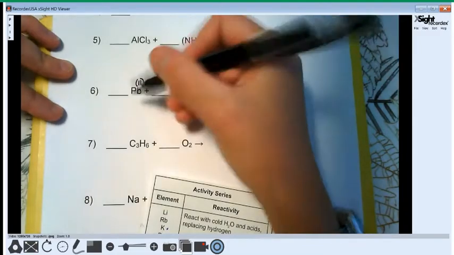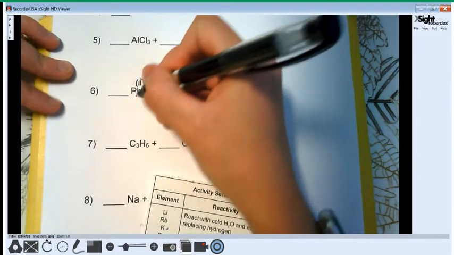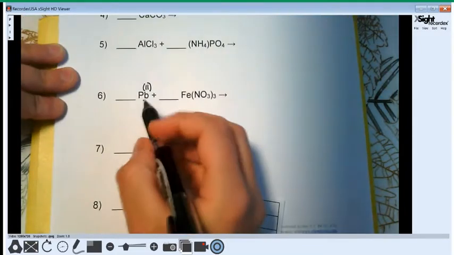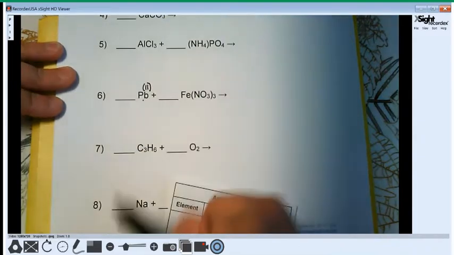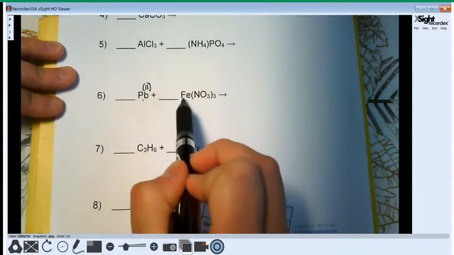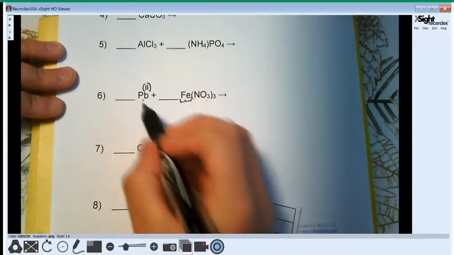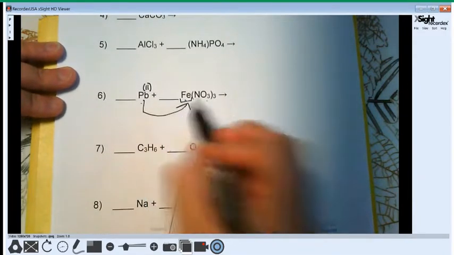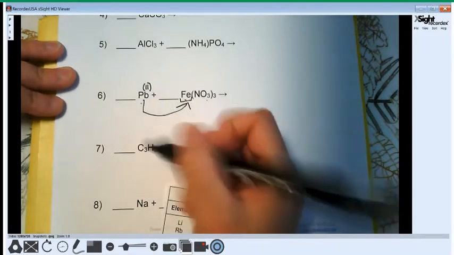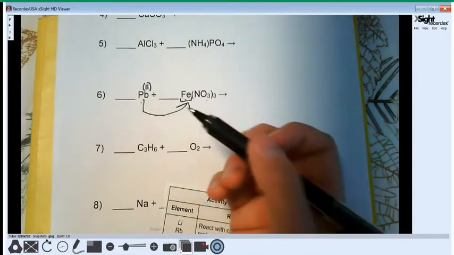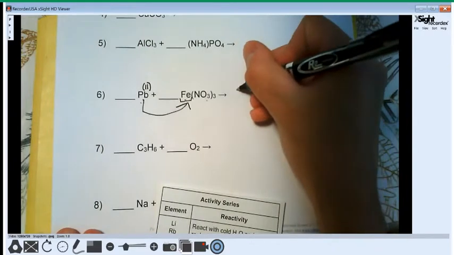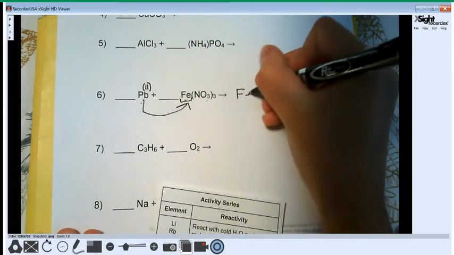So, lead is a metal, so it's a cation, it's positively charged, so it can only replace another cation. So out of iron and nitrate, the cation, the other metal, is iron. So lead's going to try and kick out iron. If lead succeeds in booting iron out, then iron's going to be by itself, so that'll be our first product.